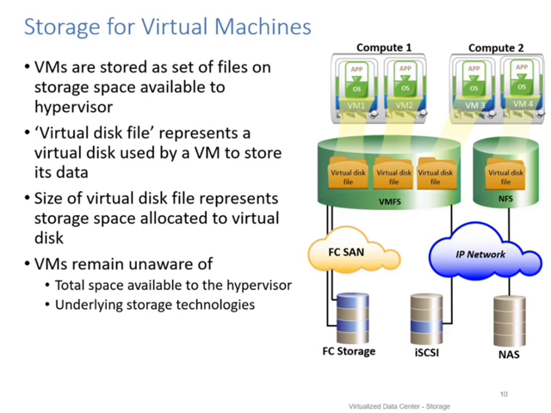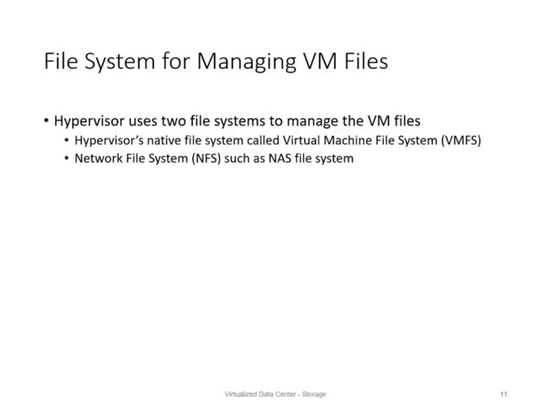The size of the virtual disk file represents the storage space allocated to the virtual disk. Hypervisor may access FC storage device or IP storage devices such as iSCSI and NAS devices. Virtual machines remain unaware of the total storage space available to the hypervisor and the underlying storage technologies.